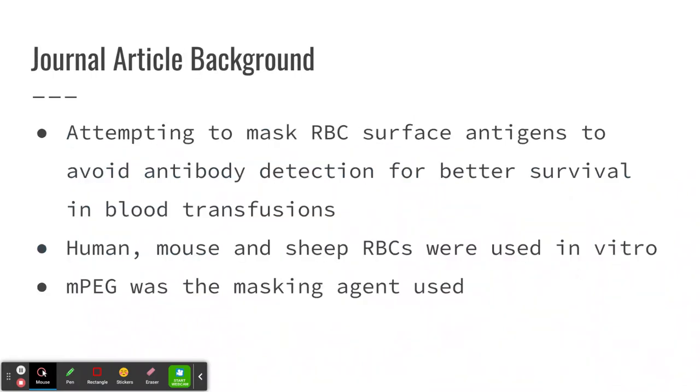All right, so just to give some background on my journal article, it was titled Chemical Camouflage for Antigenic Determinants. Stealth erythrocytes is essentially what they attempted to create. So in most transfusions, simple blood typing, the ABO and the Rh factor, is sufficient to identify appropriate donors.